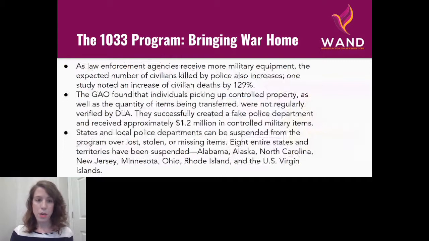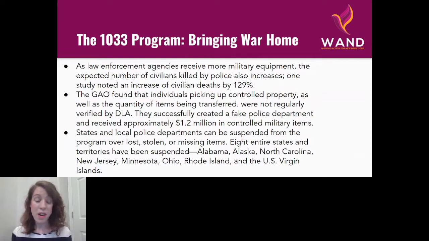We have a couple of facts to note. We know that when law enforcement agencies are receiving more military equipment, the number of civilians killed by police increases. One study noted an increase of civilian deaths by 129% when a department is receiving transfers from the Pentagon of weaponry.